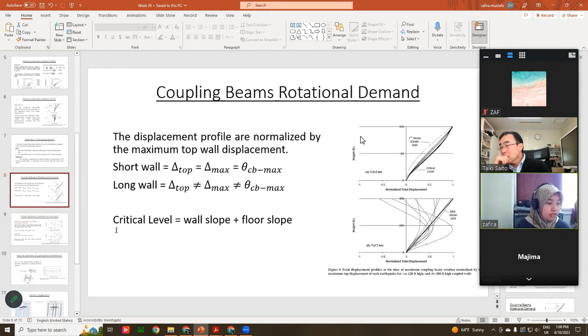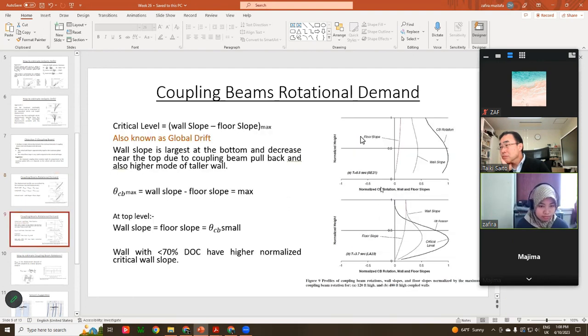The critical level means the wall slope combined with the floor slope, which is also explained in this figure. If you can see this, the black line is the rotation for the coupling beam, the blue one is the wall slope, and the red one is the floor slope.